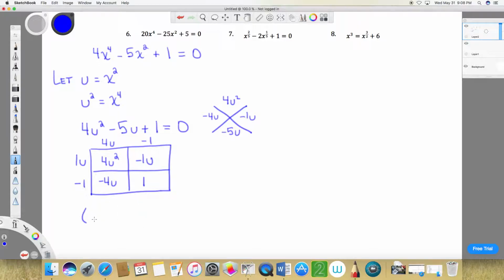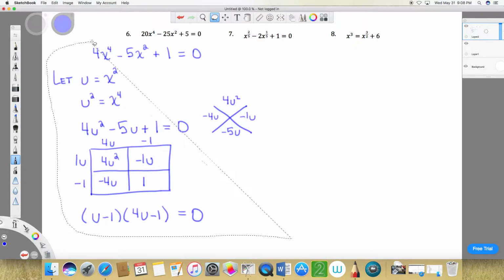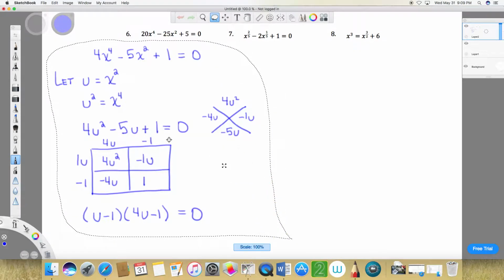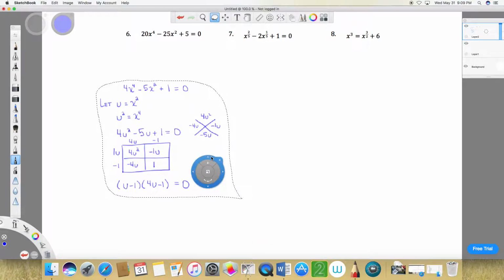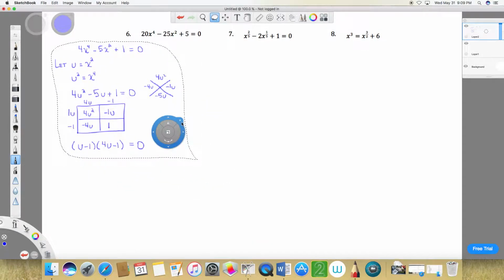So on the left-hand side here, if I write u minus 1, and across the top, 4u minus 1, we can split this into two equations. We have a zero product theorem, that if you have a list of real numbers whose product is 0, then you have at least one 0 in the list.